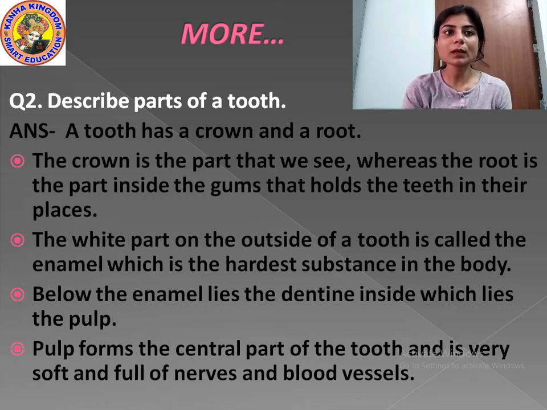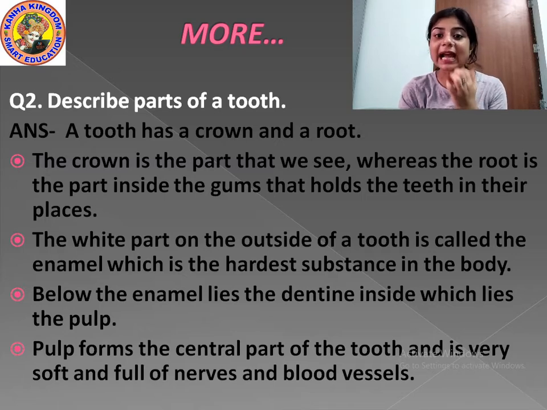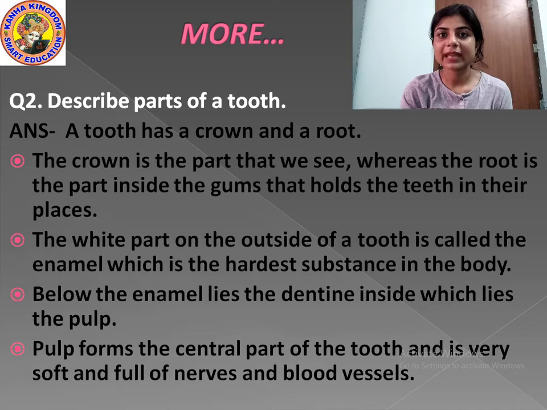Okay. Point number 3. Below the enamel lies the dentine, inside which lies the pulp. Okay. Below this enamel lies the dentine, and inside the dentine lies the pulp. The pulp lies inside the dentine. Okay.